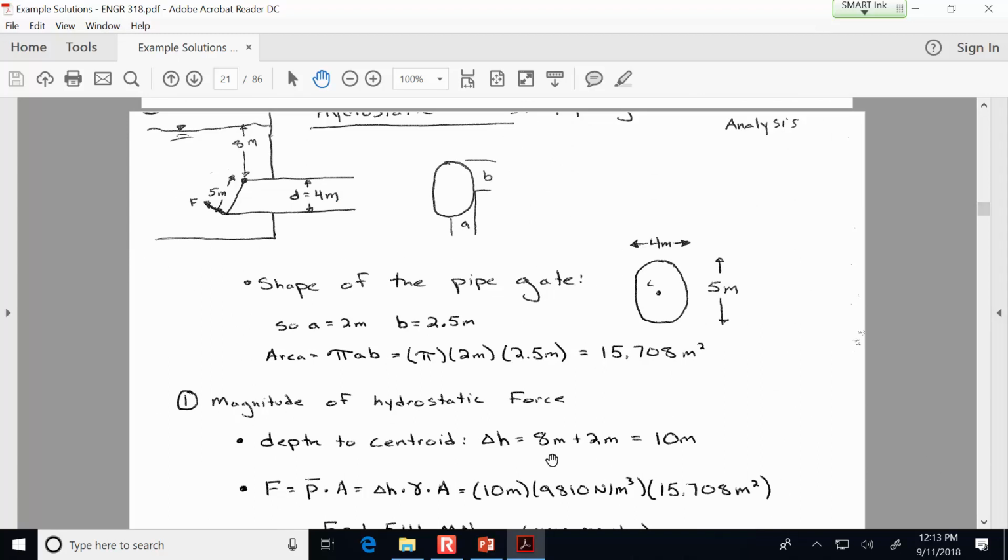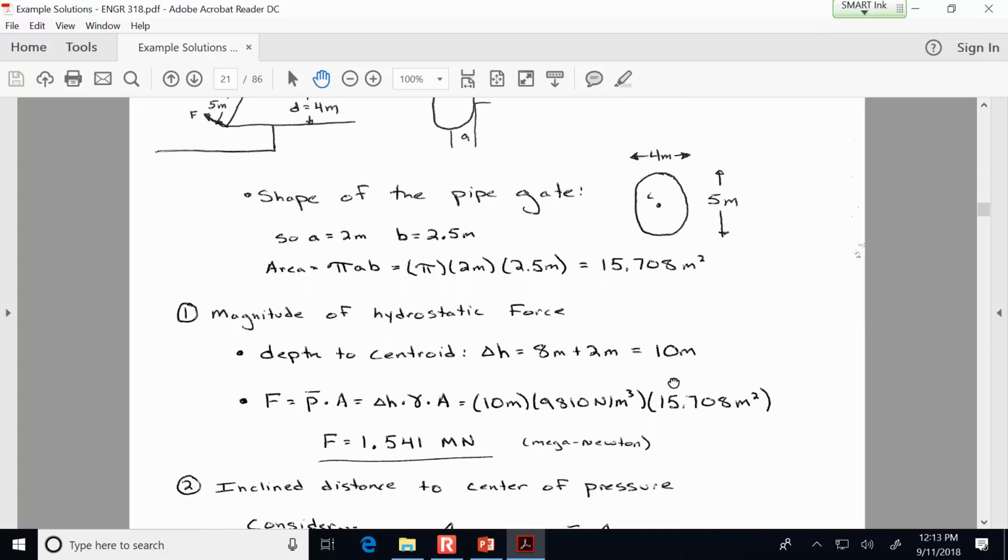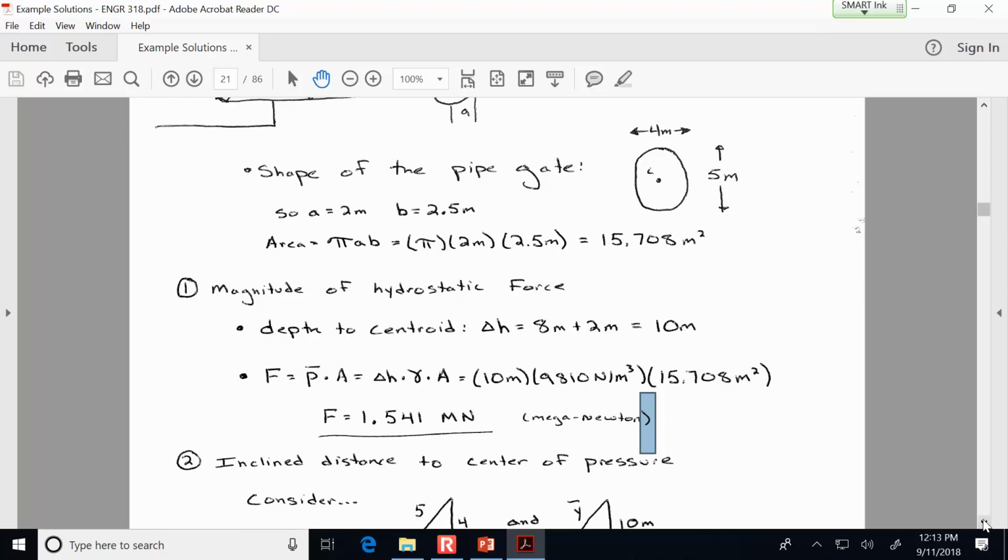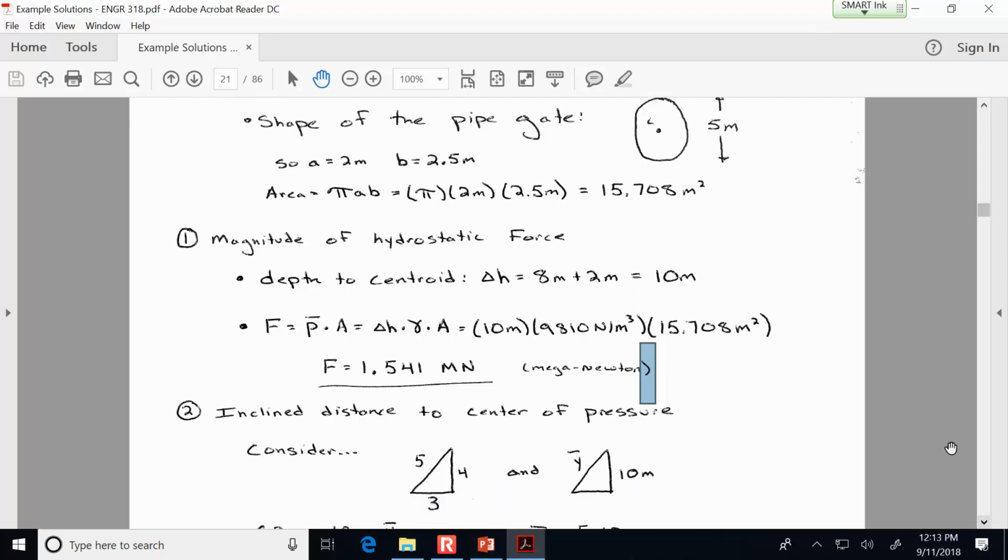So the depth of the centroid, the force at the centroid. Now, where is that force located? So think about similar triangles. We know that the gate is at a 3-4-5 angle. 4 meters is the vertical component of the gate, and 5 meters is the physical length of it.